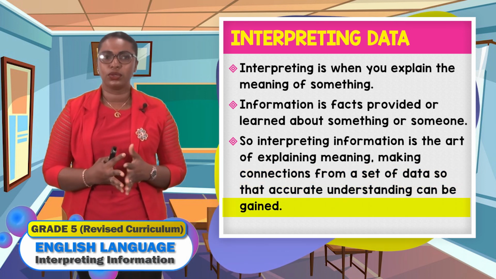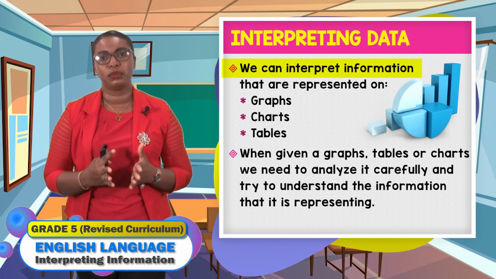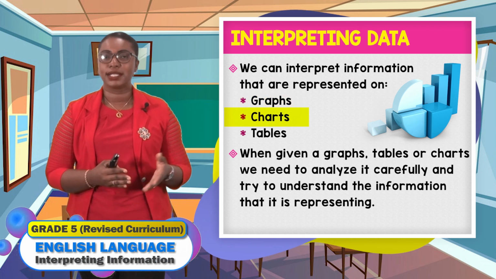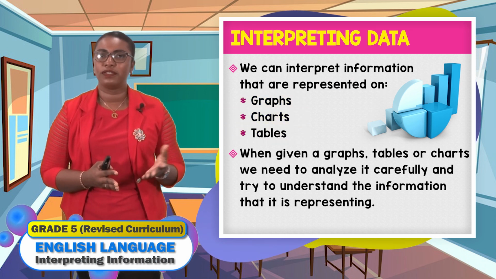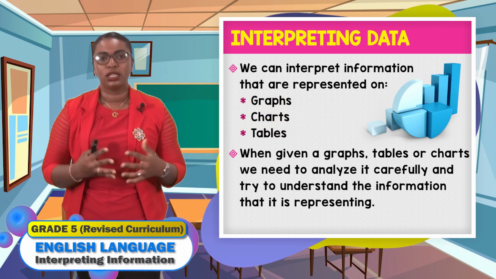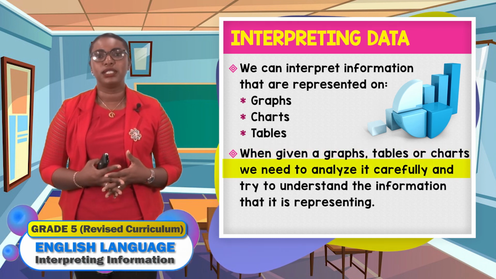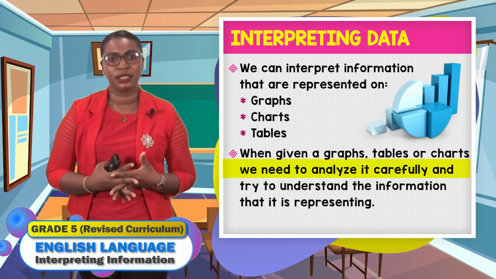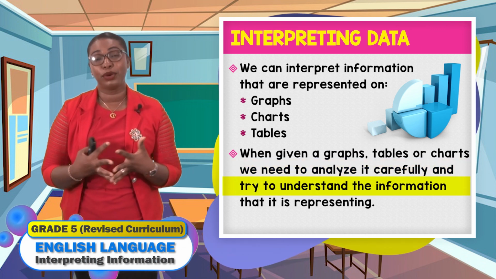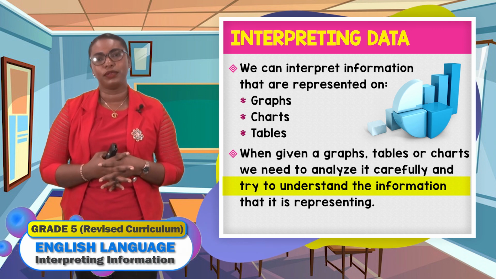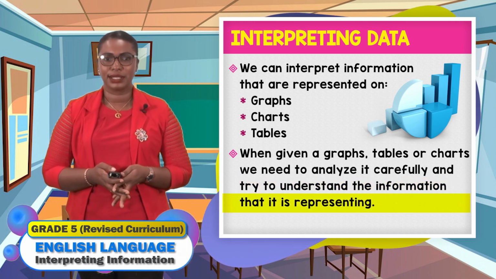You would have also noticed that we can interpret information that is represented on graphs, charts, and tables, as we went through just now. Now, when given graphs, tables, or charts, you need to study them carefully and analyze them before answering the questions, because you need to understand the information that is represented.